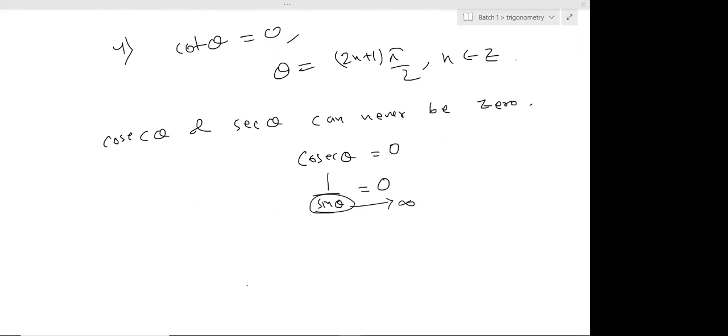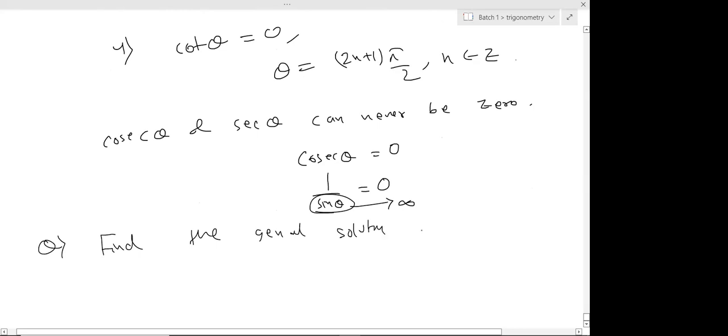Let's solve one question. Find the general solution of the following equation.